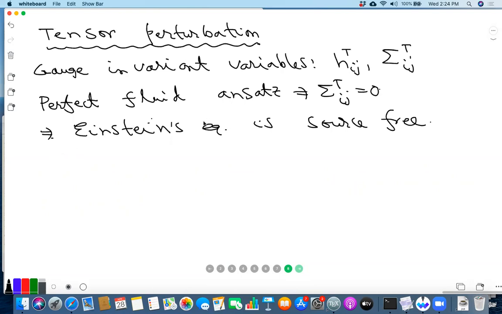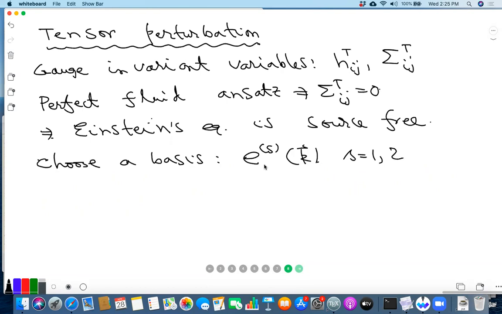To simplify this, we can just expand H in a basis. In fact, we can choose the same basis that we chose for calculating fluctuations during inflation, e^s(k) for s equal to 1, 2, satisfying all the conditions, namely k_i e^s_ij equal to 0, e^s_ii equal to 0, the trace, etc. So there are two independent basis vectors of this kind.